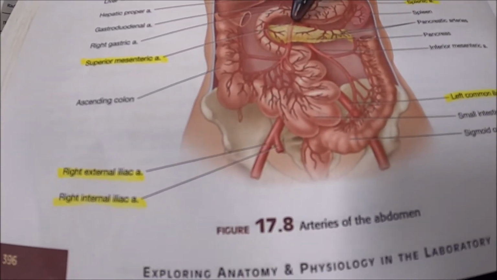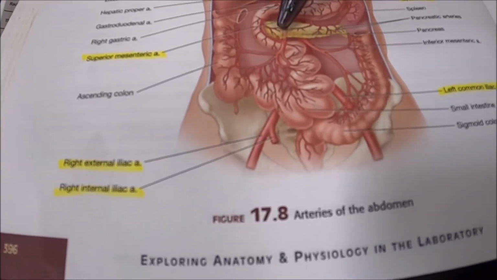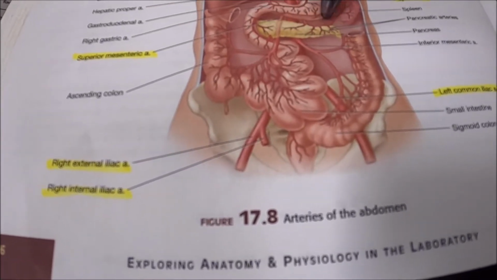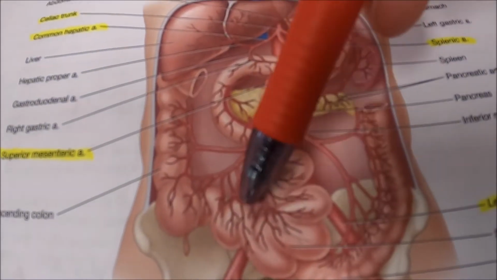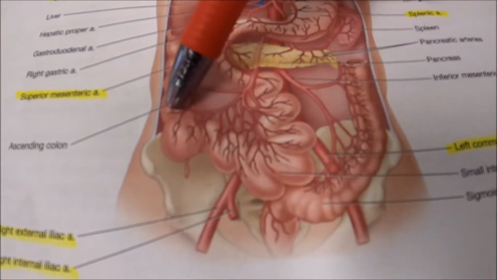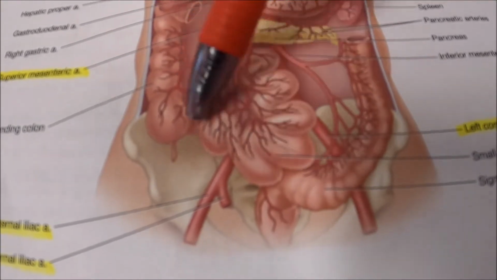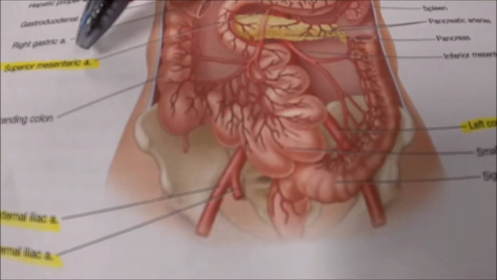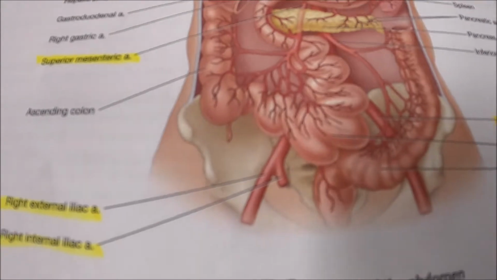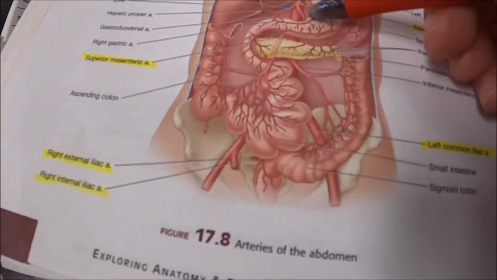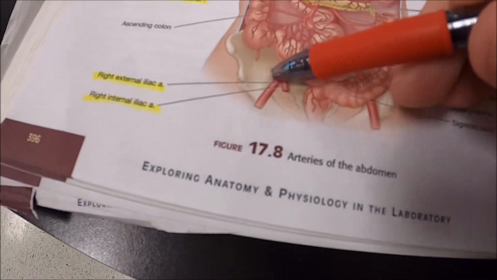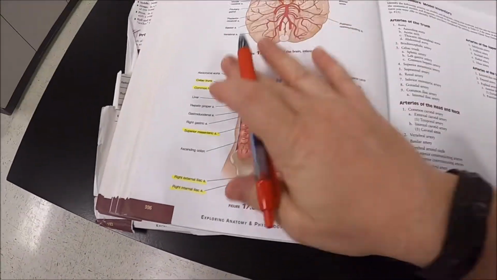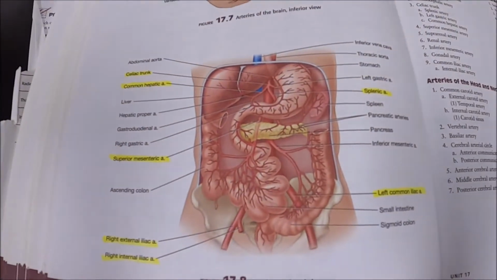You can come down to this big mesenteric over here between where the kidneys would be, and that mesenteric would be coming out and feeding all of these intestines. So we've got this superior mesenteric artery coming out and feeding all those. And then we can go down further to our common iliacs, internal and external iliacs. That's a decent picture too. Not bad. Worth your time.